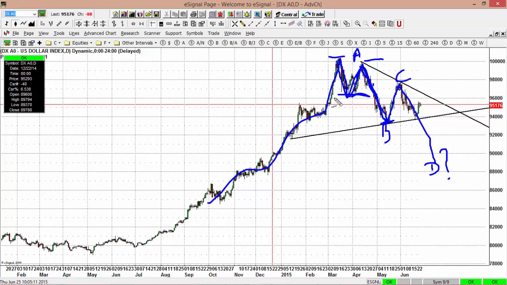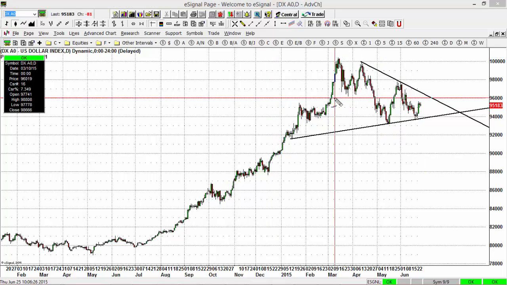Or alternatively, is this a pullback here? So is this, for example, A, B, the market pulls back to C, and then are we going to rally up to D here? These are the two scenarios that can play out in the US dollar index.